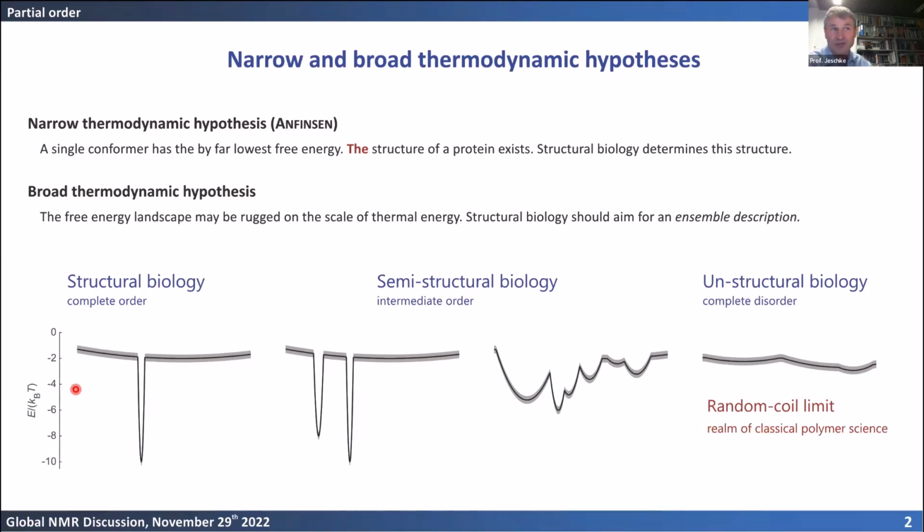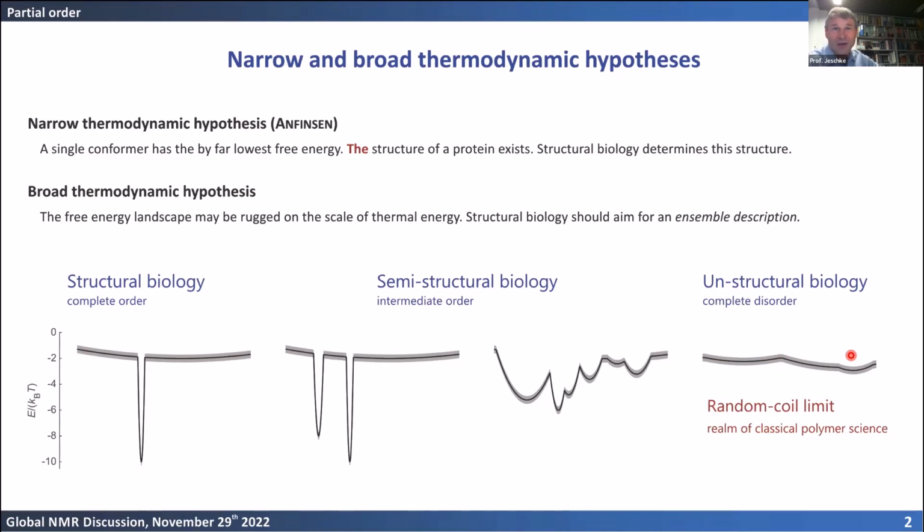And if you think about this in terms of energy hypersurface, then this Anfinsen domain means you have a single minimum which is much lower by several multiples of the thermal energy than the rest of the energy hypersurface. Whereas in the random coil limit, the energy hypersurface is so flat that the ruggedness is on the order of only the thermal energy, and then everything is populated somehow.